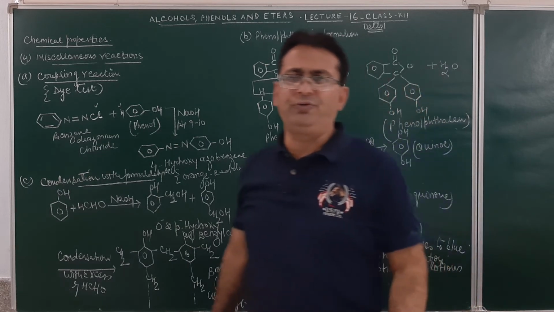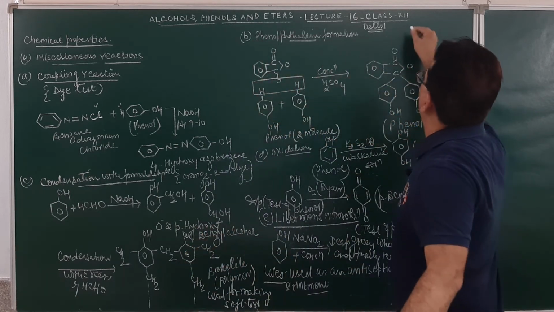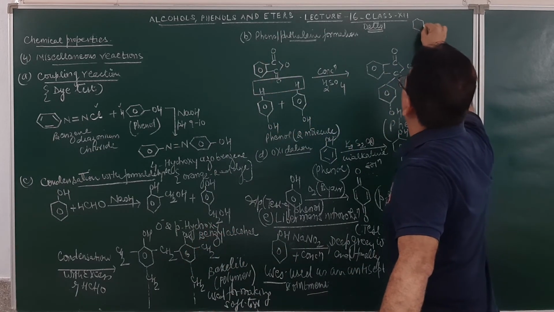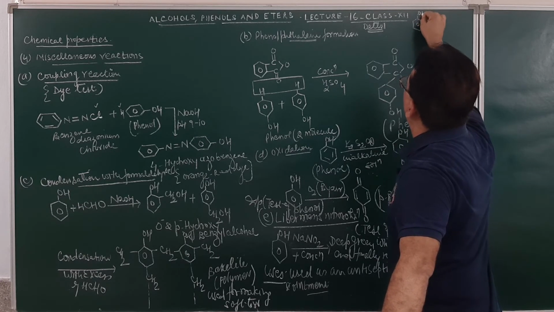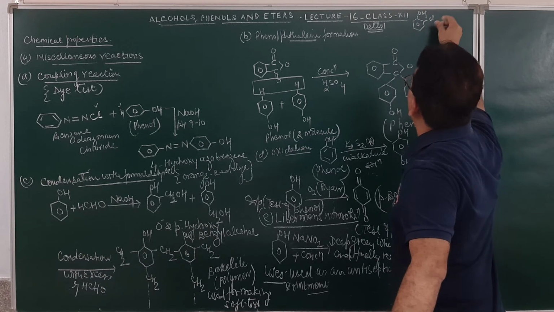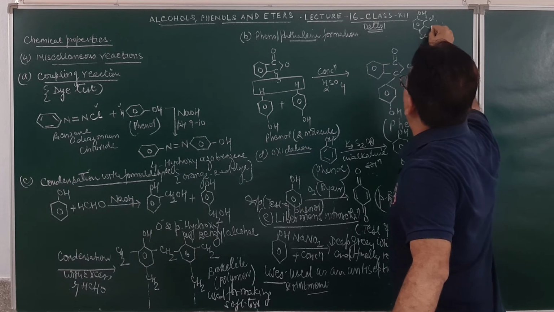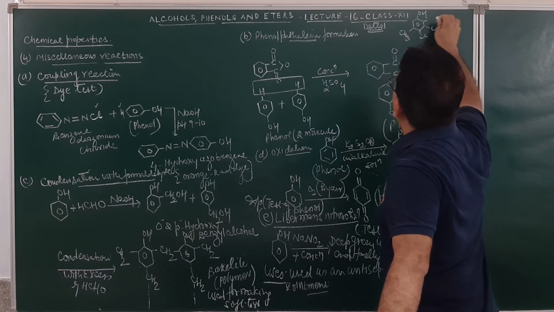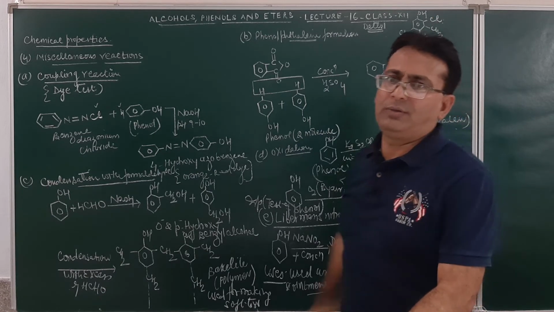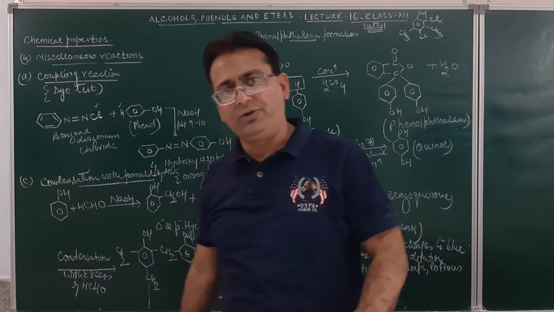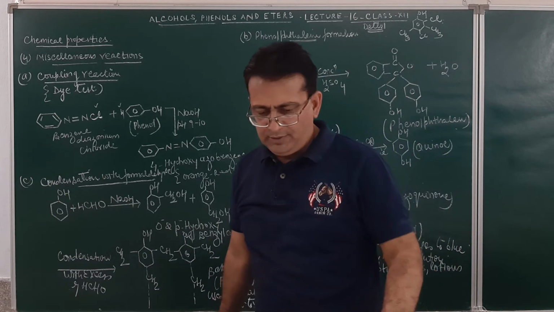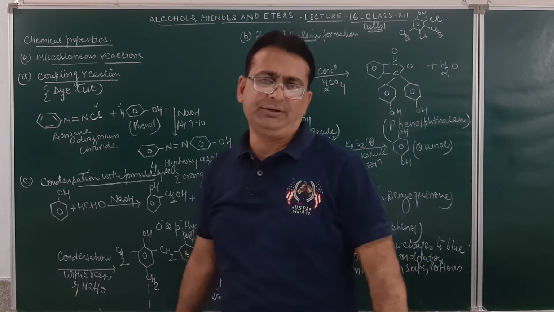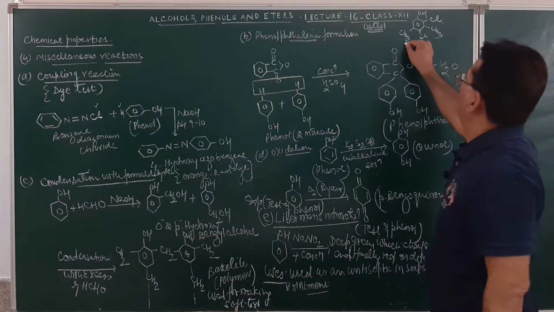It is a derivative of phenol, and it can be written as 2,4-dichloro-3,5-dimethyl phenol. This is the Dettol formula. A question can be asked in the board examination and it is used as a very, very powerful antiseptic.